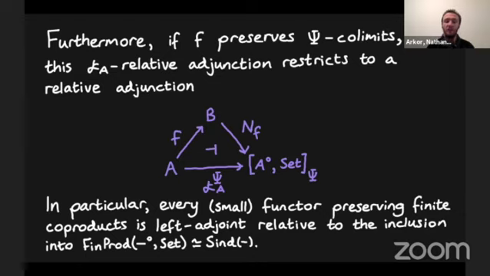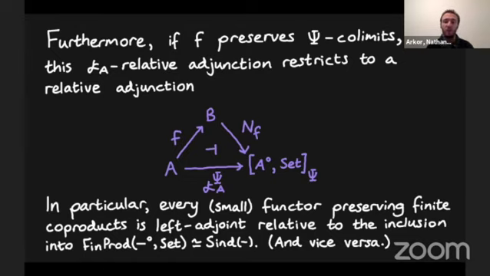In particular, every small functor that preserves finite coproducts, assuming here that the domain has finite coproducts, is left adjoint relative to the inclusion into the finite product preserving presheaves on A. And this is equivalent to the inclusion into the sifted cocompletion of the category A. And it turns out the converse also holds.